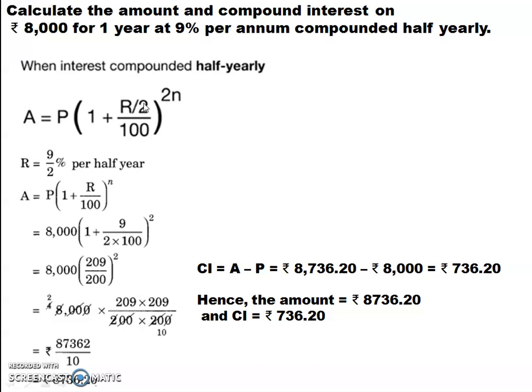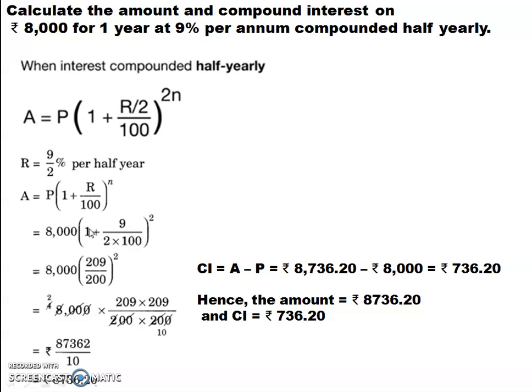Since this 2 is in the denominator, we'll write it as 2 into 100. So 1 plus 9 by 200. Taking 200 to the numerator, that is 200 plus 9, the whole divided by 200.